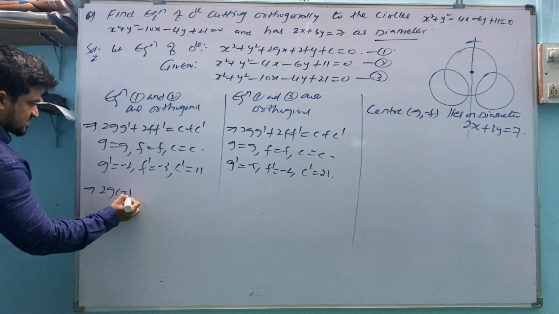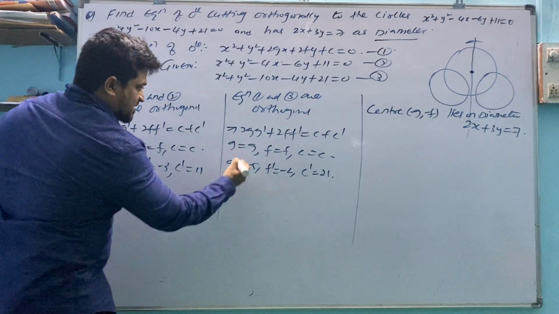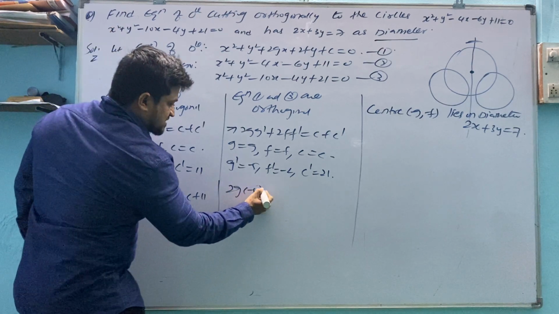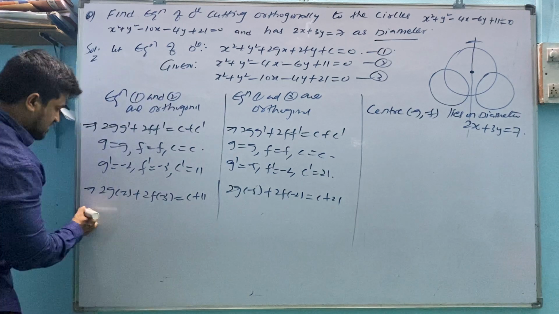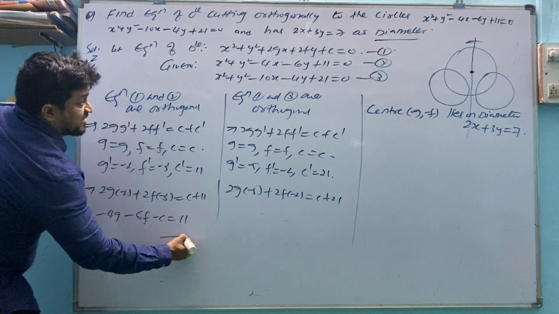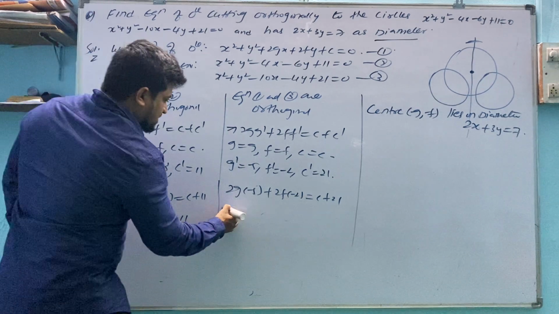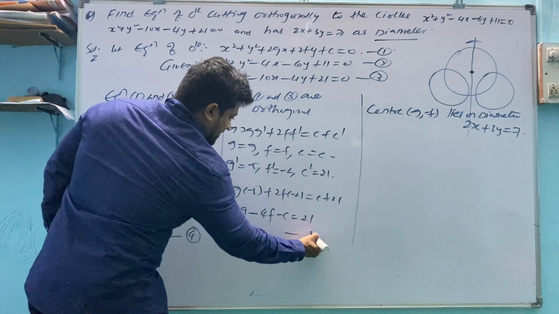So this is minus 4g minus 6f minus c is equals to 11, and minus 10g minus 4f minus c is equals to 21.